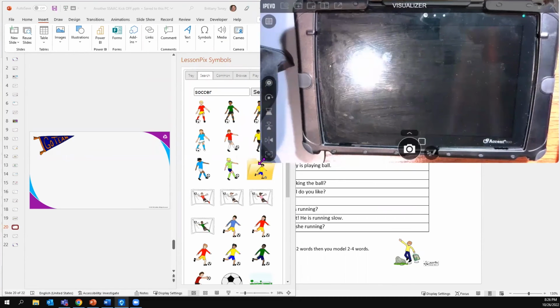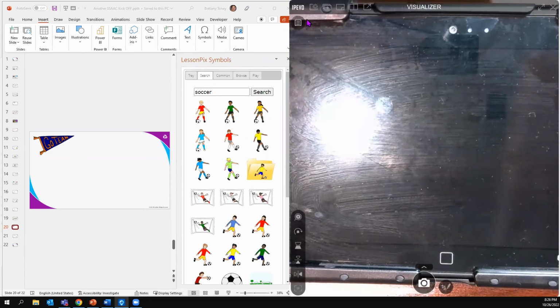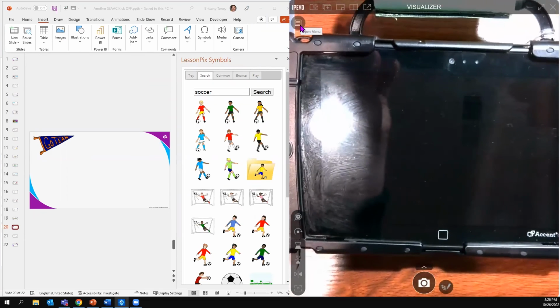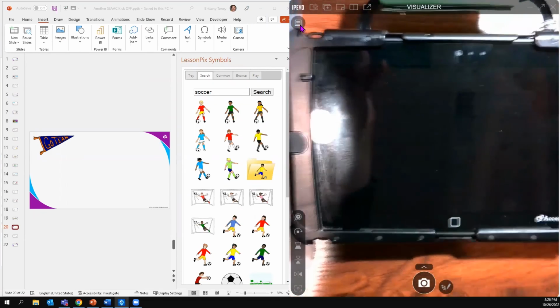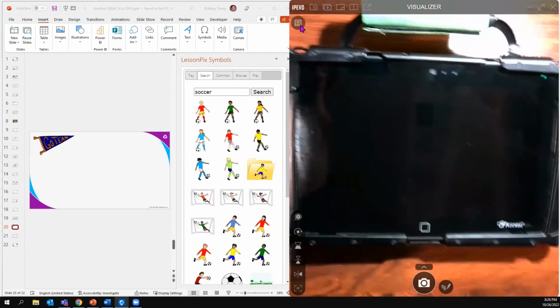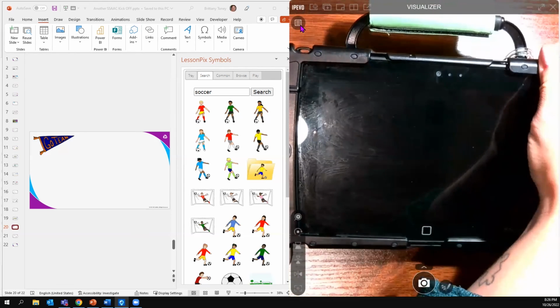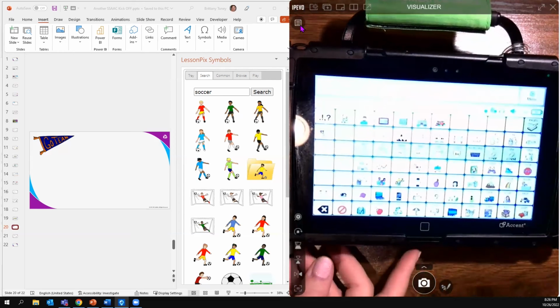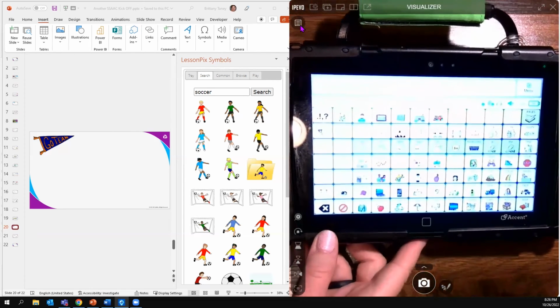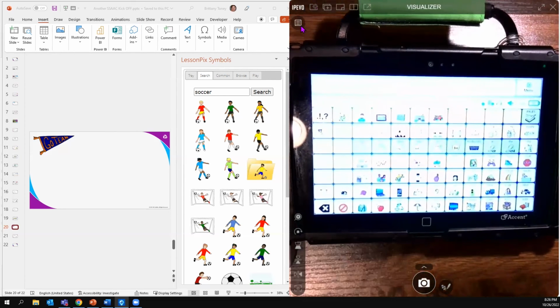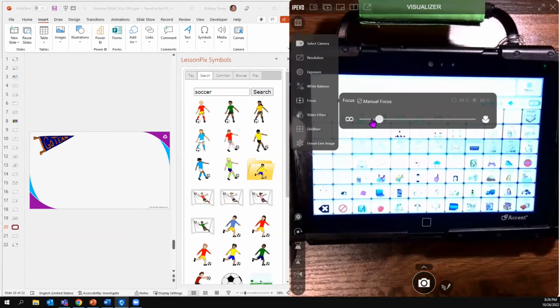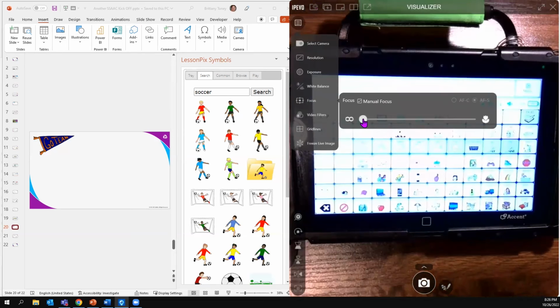So this is my device. Okay, so can you guys see that okay? Okay, perfect. All right, so this is Unity 84 sequenced, and now it is very hard to see. So let's see. If I just focus in a little, that made it worse.